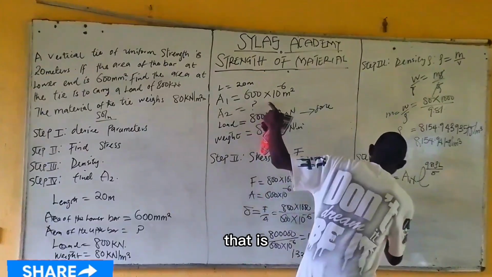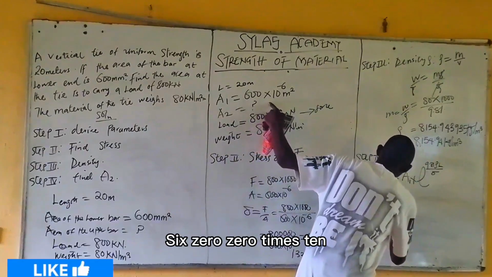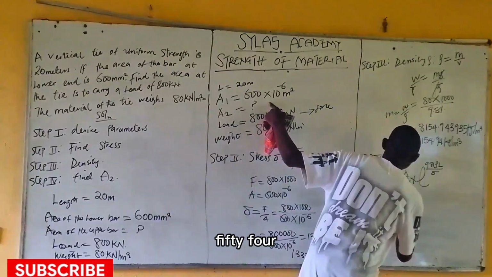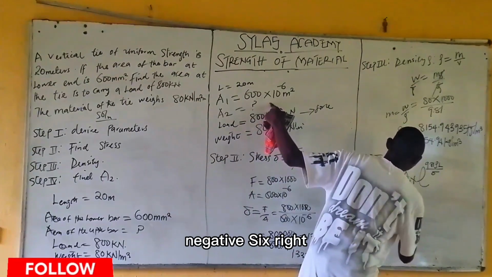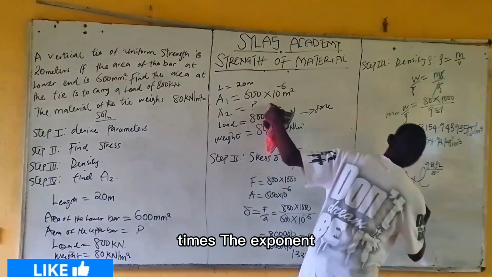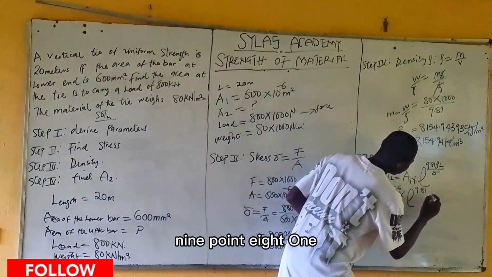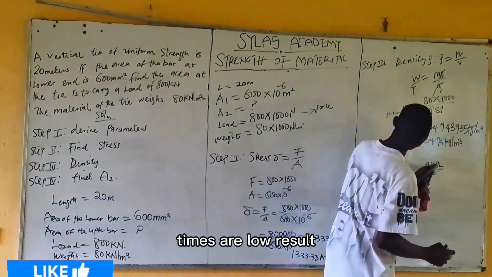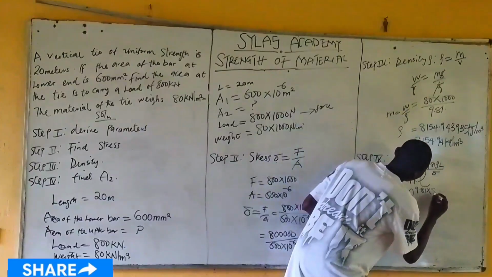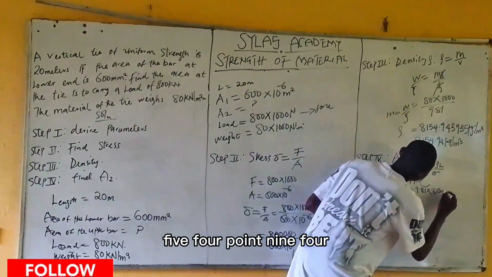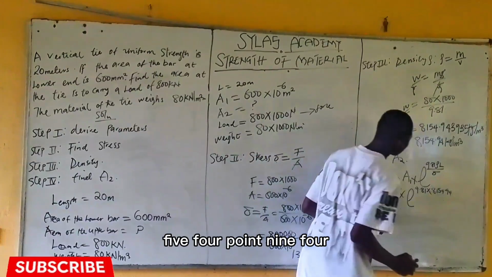That is 600 times 10 raised to the power of negative 6, right? Times the exponent of 9.81 times our rho, which is 8154.94. Okay?